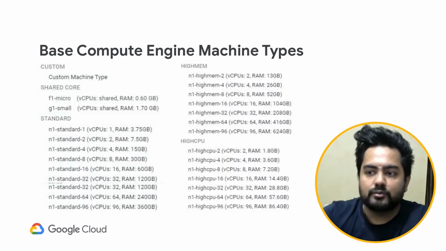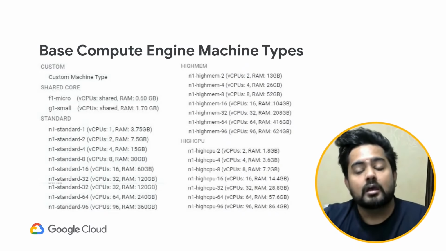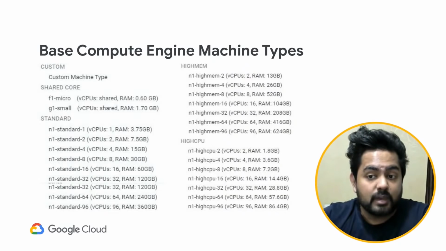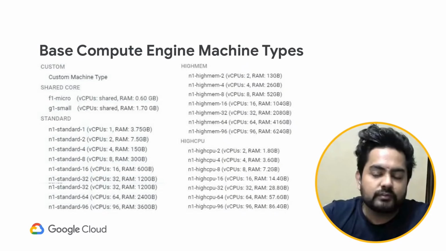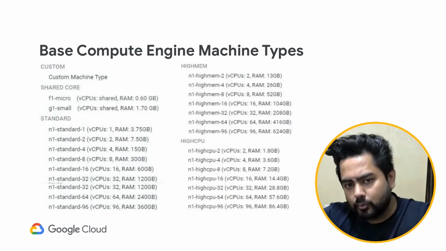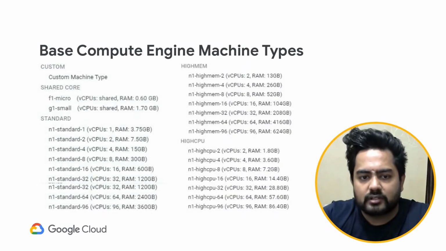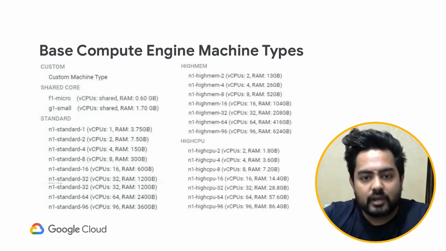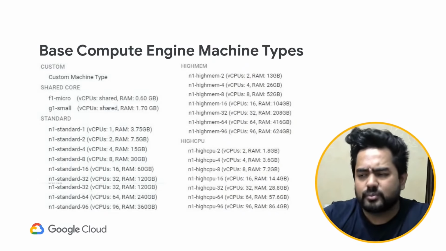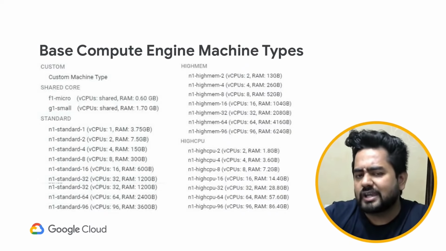So we have a machine type which has 3.75 gig of memory per vCPU. So if I have two vCPU, we're talking about 7.5 gig of RAM. If I have four vCPU, we're talking about 15 gig of RAM. That's how you can differentiate. And each of these machines supports up to 64 terabytes of persistent disk size, which is pretty much the case for the rest of the machine types also.